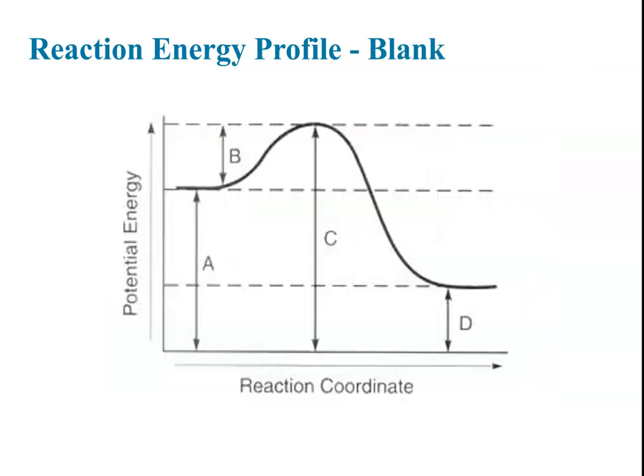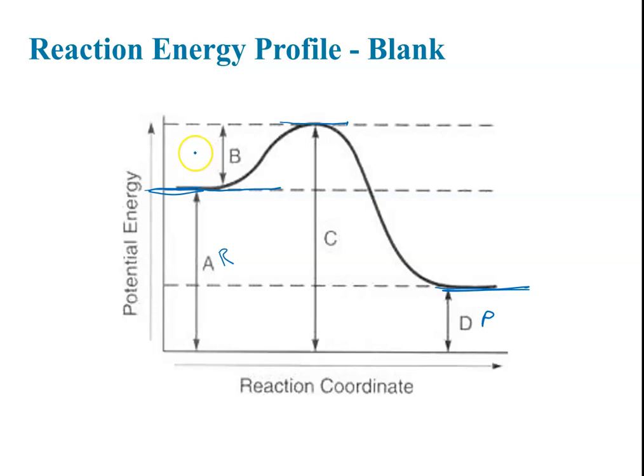Finally, to wrap this up, let's look at a blank reaction energy profile and see if we can identify the different parts. All right, so A, well, that looks like the potential energy of the reactants, right? This is the energy of the reactants. Let's look at D. Well, D would be the energy of the products. What is B? B is the difference between the energy of the reactants and the peak of the activated complex.